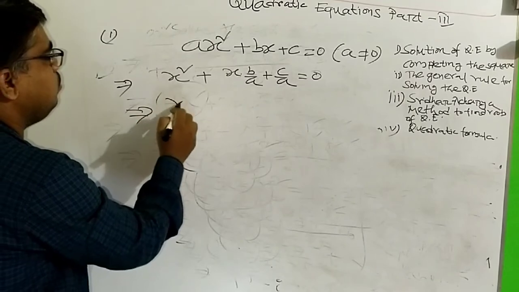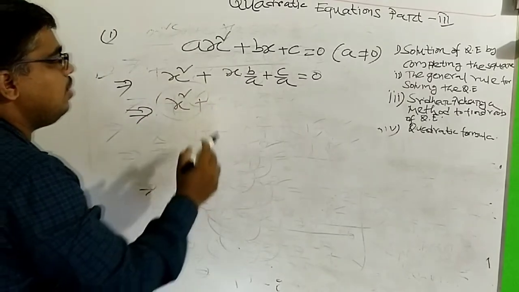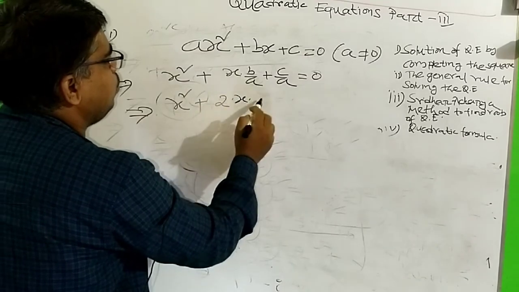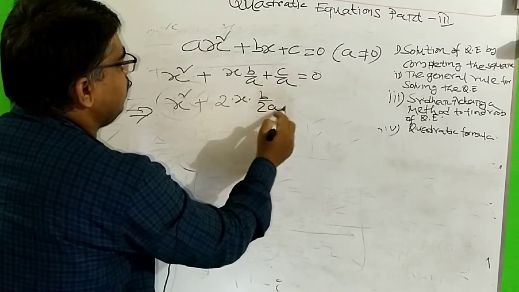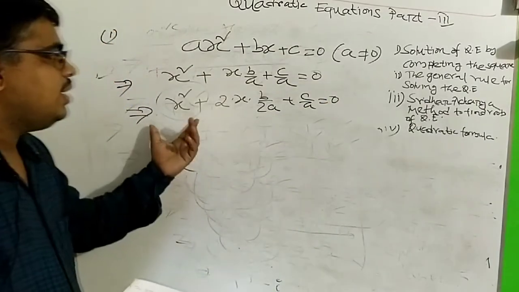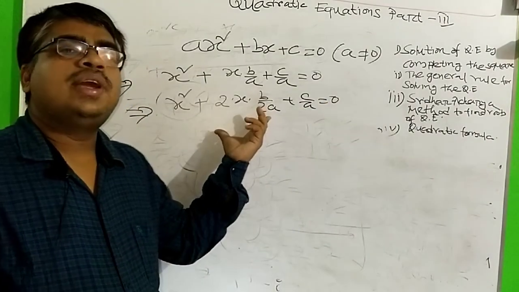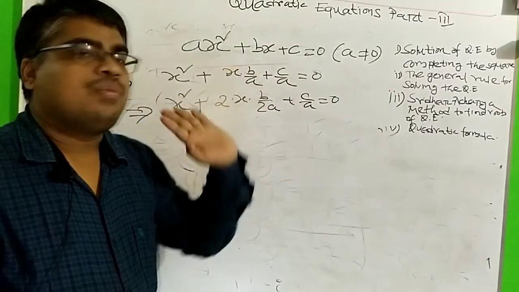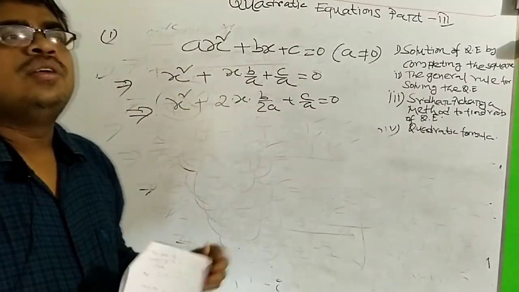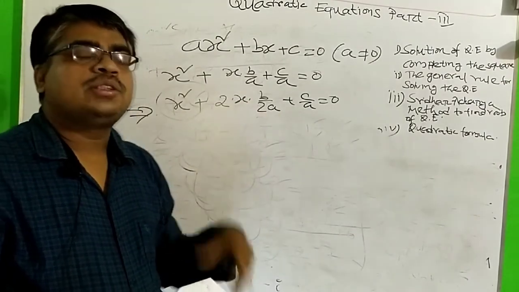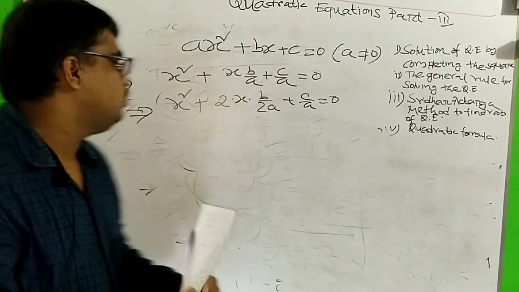This implies x square plus 2 into x into b by 2a plus c by a equal to 0. Our target is to make a square form, that is, we have to make a square plus 2ab plus b square form, or a square minus 2ab plus b square form.